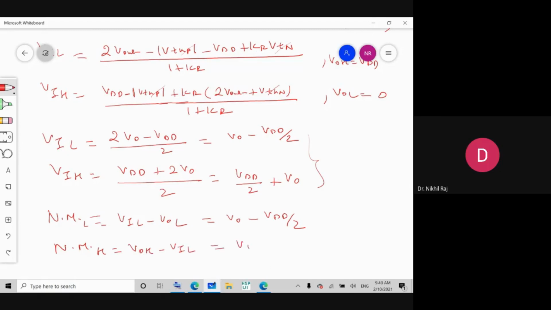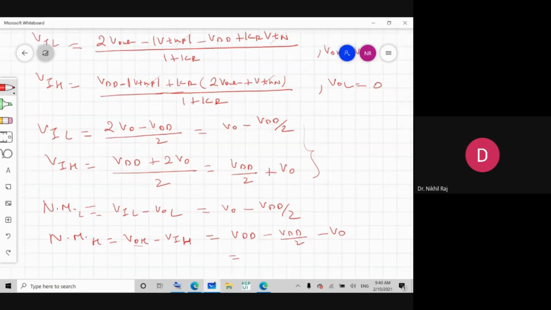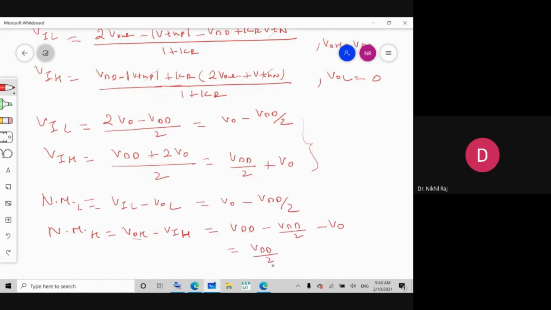So that was VDD minus VIH, sorry, VIH is VDD by 2 plus V naught, so we get VDD by 2 minus V naught. Okay, so these are the noise margin equations.